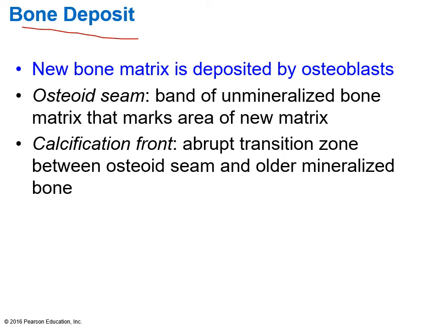And then you'll have a calcification front, which is a transition zone between the osteoid seam that's being formed and the older mineralized bone. So bone deposit means that you're actively building the bone, courtesy of the osteoblast, and the formation entails the osteoid, which is the extracellular matrix, which will start to calcify and harden.